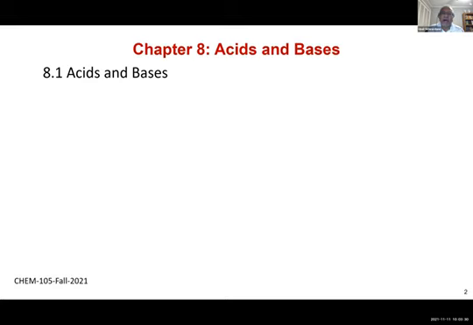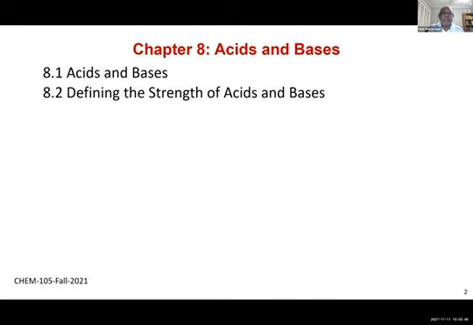One of them is Arrhenius acids and bases. They are proton acids and hydroxide bases. And there are also Bronsted-Lowry acids and bases. They don't have hydroxide ions.